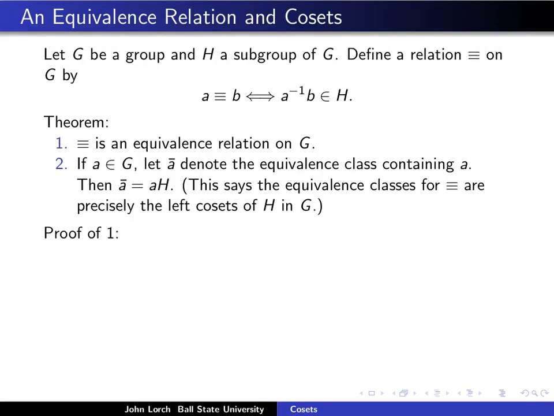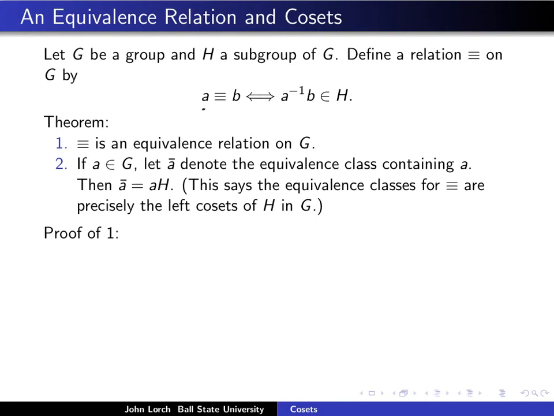Okay, now we're going to use those previous examples to try to motivate some general properties about cosets. So the first thing we're going to do is start with a group, capital G, and a subgroup, capital H. And we can use those two to define a relation on the set G as follows.